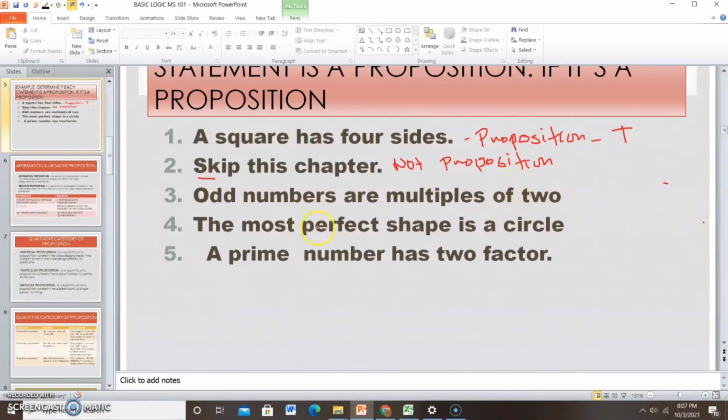It is a proposition, but the truth value is false, because a multiple of 2 is an even number, not an odd number.